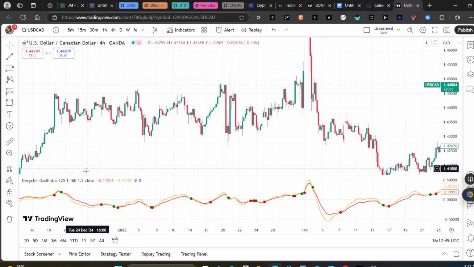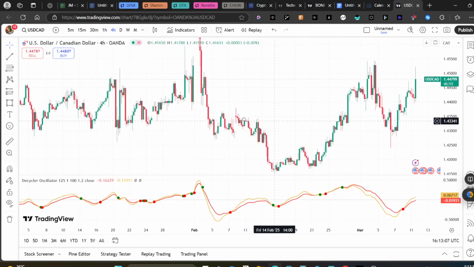So what is the Decycler Oscillator and how does it differ from other indicators out there? Well, let me break it down for you. The Decycler Oscillator is a technical indicator designed to help traders spot market cycles with more precision.